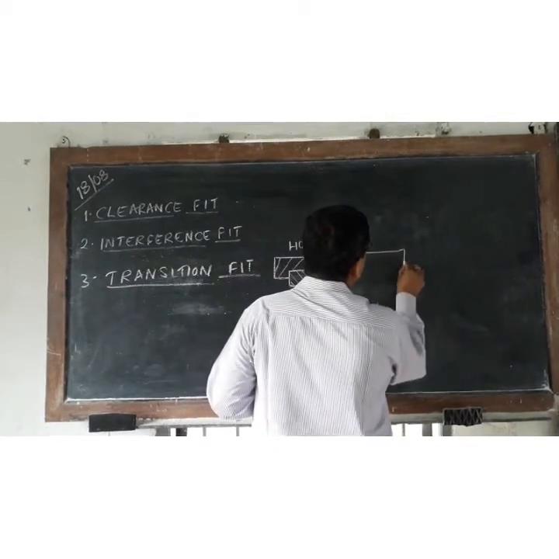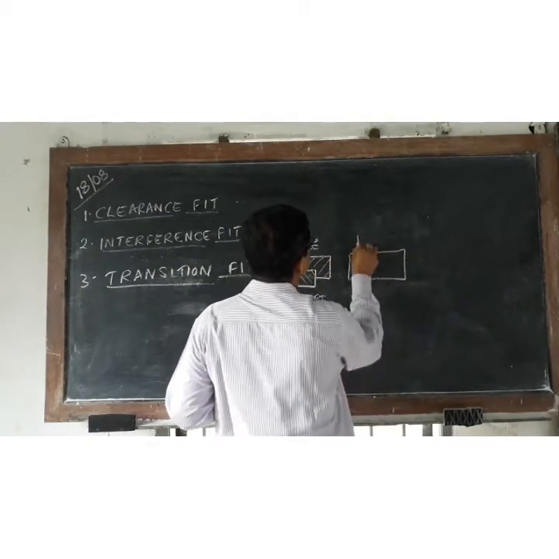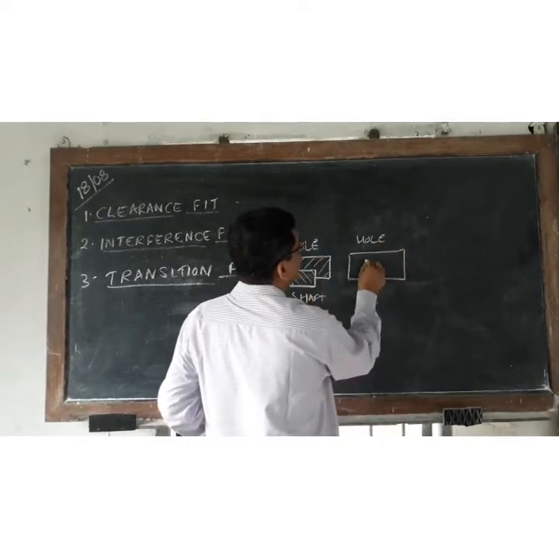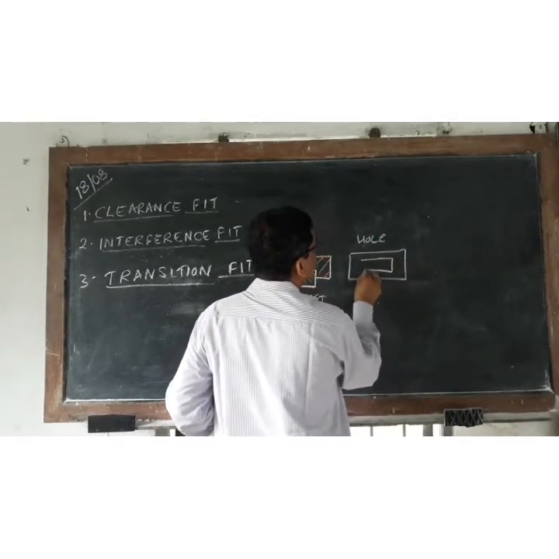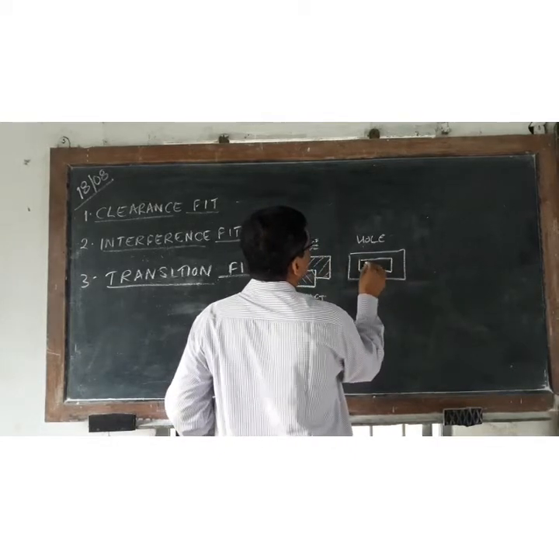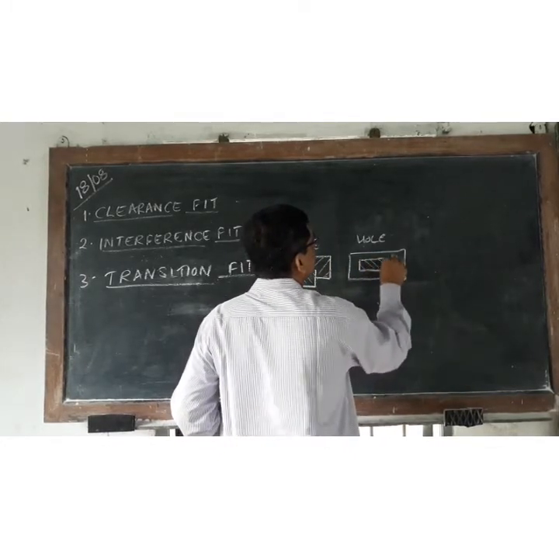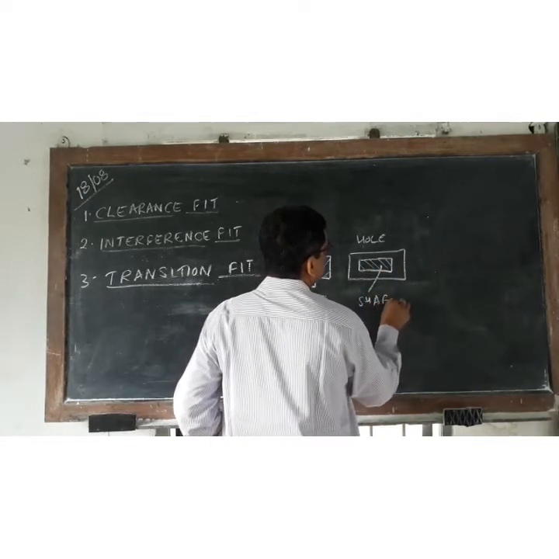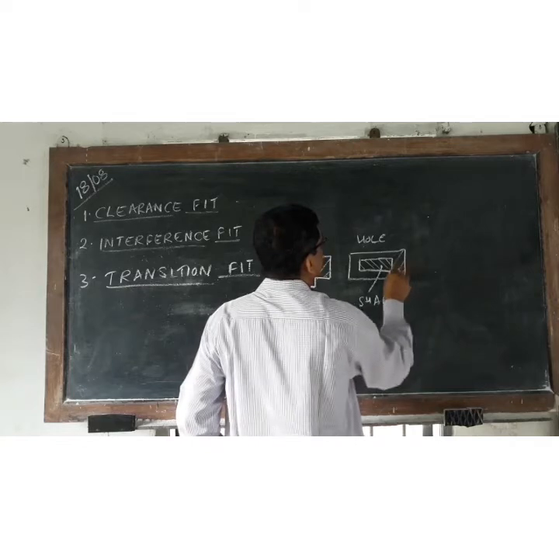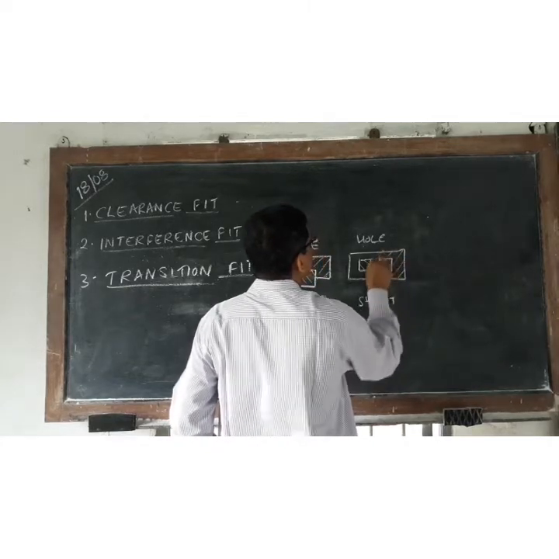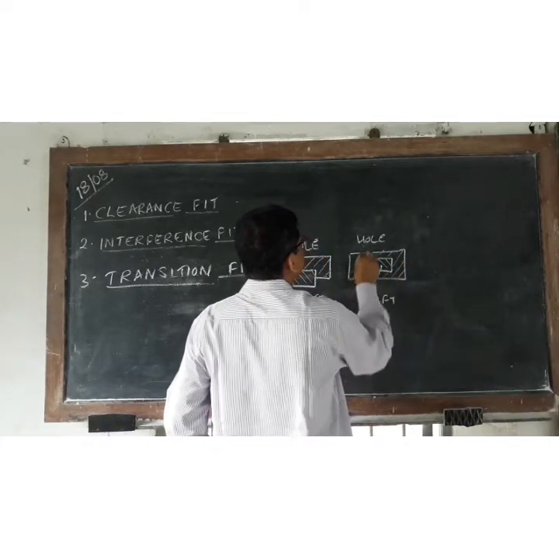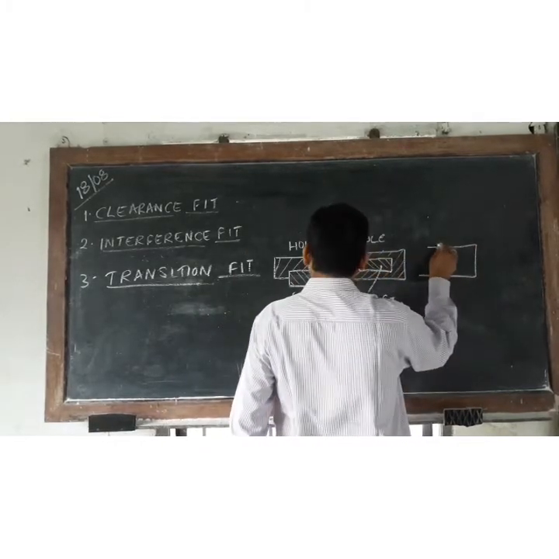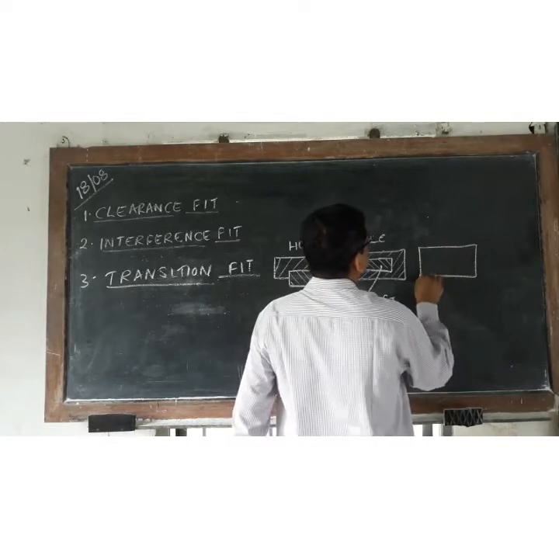Next, if you see here, this is the hole, and the shaft is going to overlap. Got it? The shaft is going to overlap. Sometimes what happens, it is going to interfere.